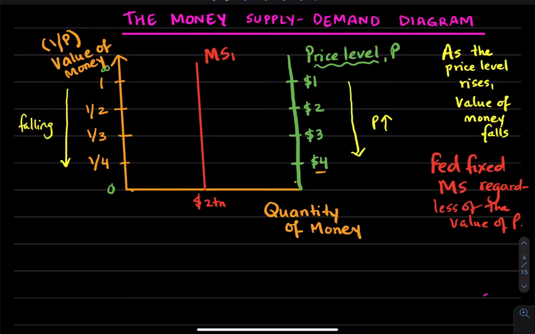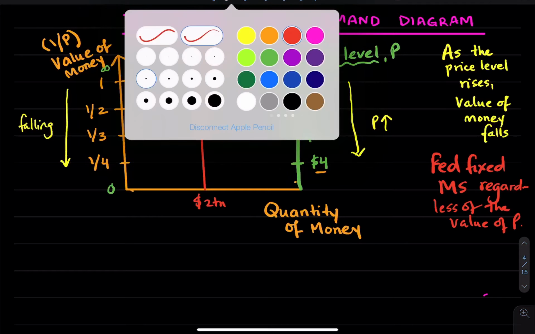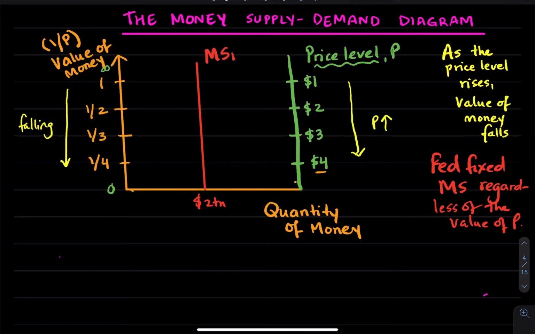And we want to see now how does demand look like. So recall that for money demand, we want to understand what is the relationship between the value of money and the quantity of money that we demand. So when prices are higher, value of money is lower, and money demand is high. This is something we established in the last video.